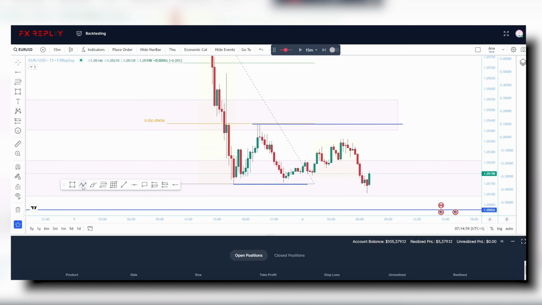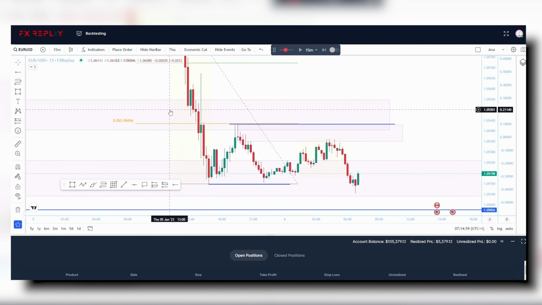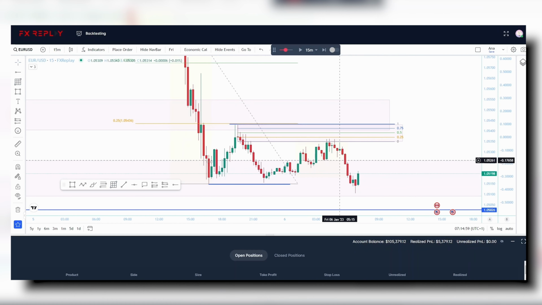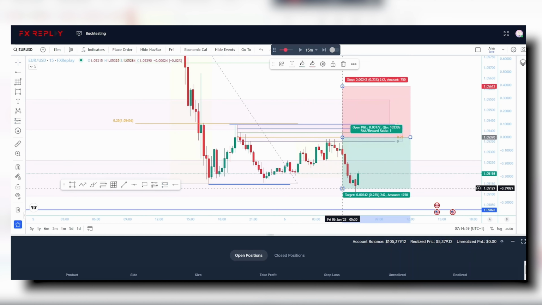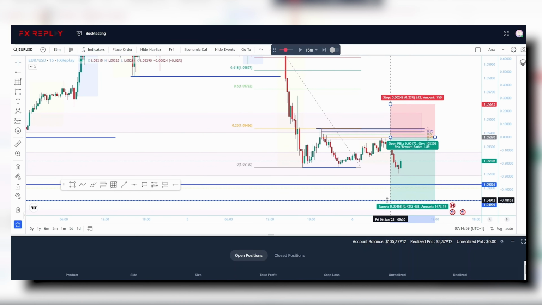So I would just mark up this point of interest or this order block, the last up move before the down move, and I would wait for price to liquidate. I can pull up the gun box, and in this case, instead of entering at 0 level, I would enter here, targeting the liquidity here.